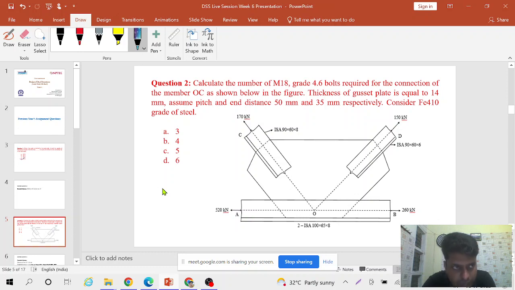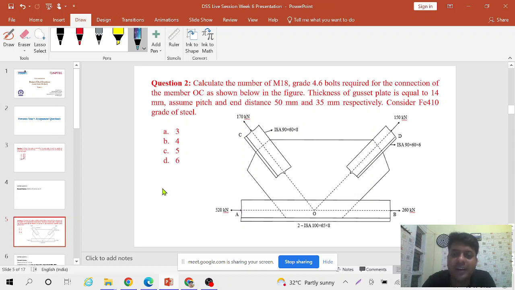We have to see the number of shear planes and then calculate the bolt value. Can you tell me, when you provide bolts in member OC, will the bolt be in single shear, double shear or triple shear? Here it is single shear.